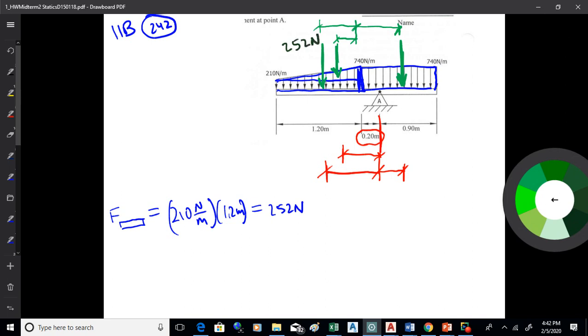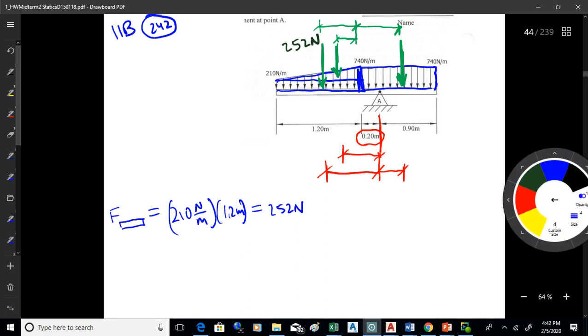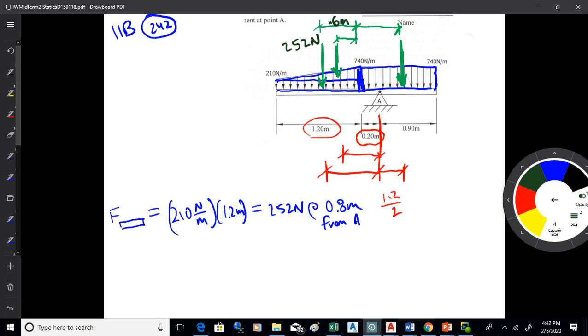Now, what's going to happen here is you want to know what the moment arm is for that thing. The moment arm for that is going to be 0.8 from point A. And the way you calculate that is you're going to take 1.2, and then that's a rectangle, you're going to divide that by 2. That's 0.6, and that is this dimension right here, from the edge of the rectangle on the right-hand side.